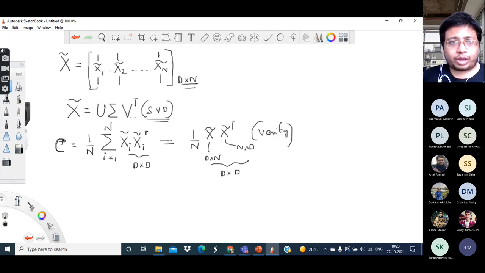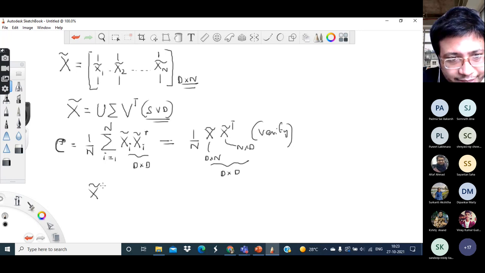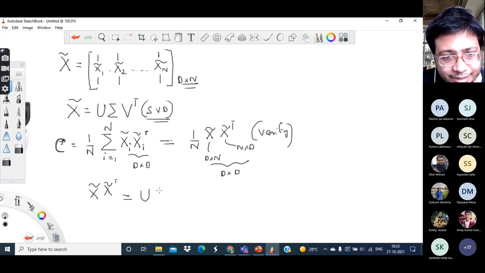Now X tilde, I have already said, has a singular value decomposition like this. So if you consider X tilde X tilde transpose, what we get is U sigma V transpose into its transpose, which is V sigma transpose U transpose.